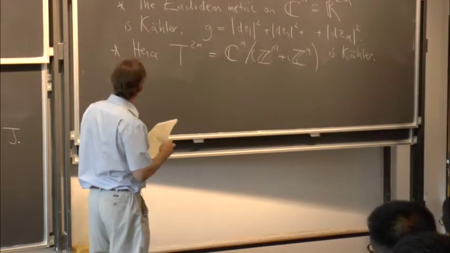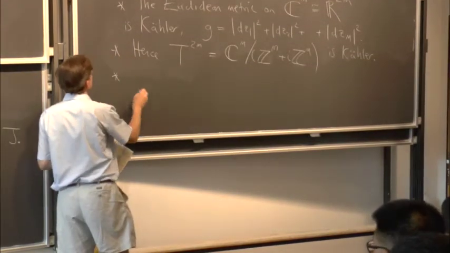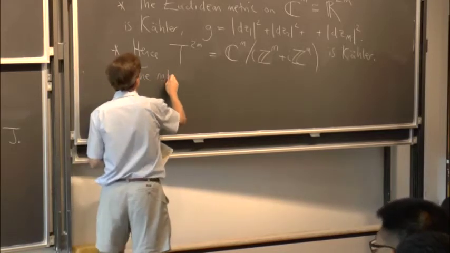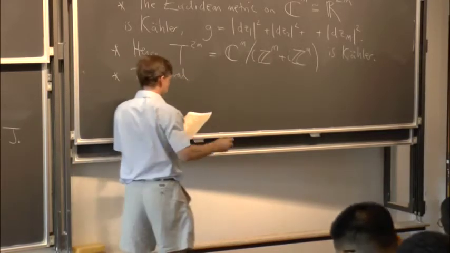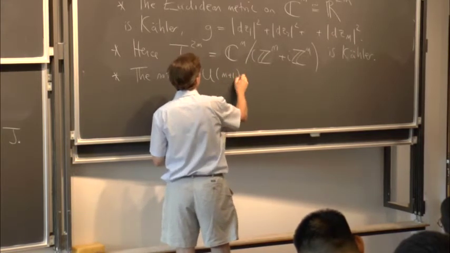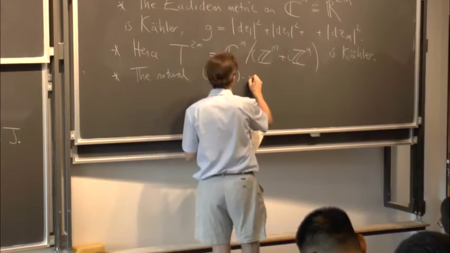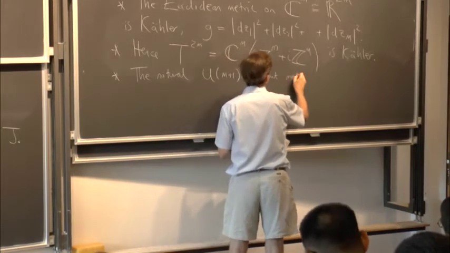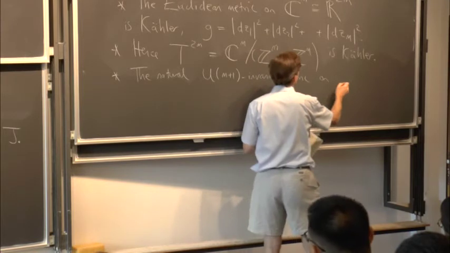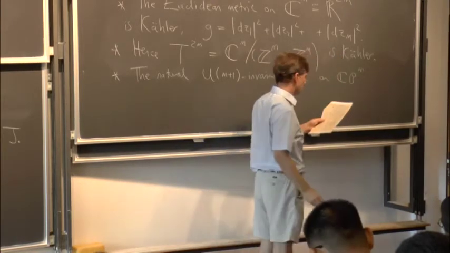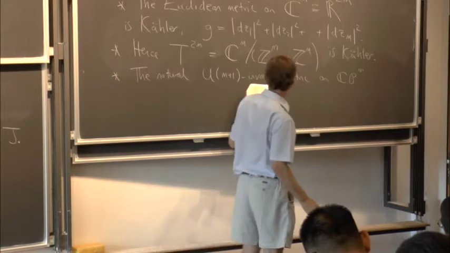Another very important example is that there is a natural U(m+1)-invariant metric on CP^m.